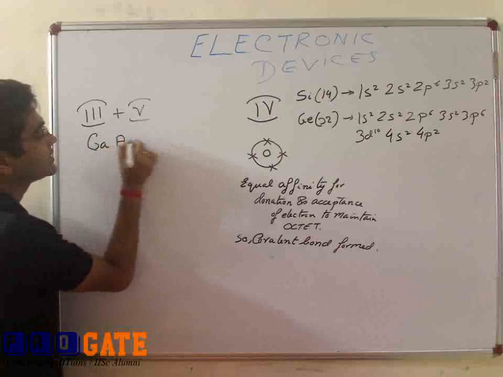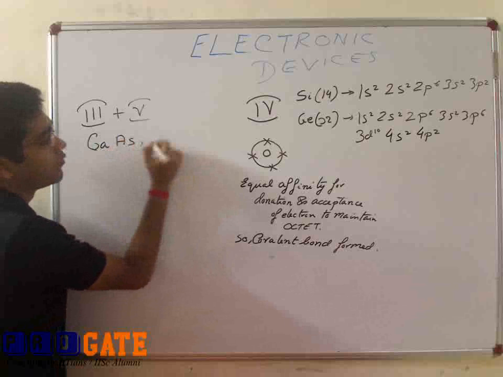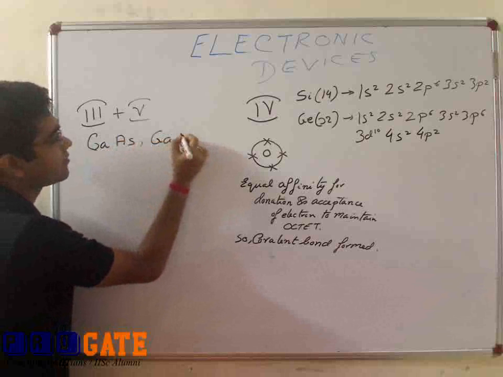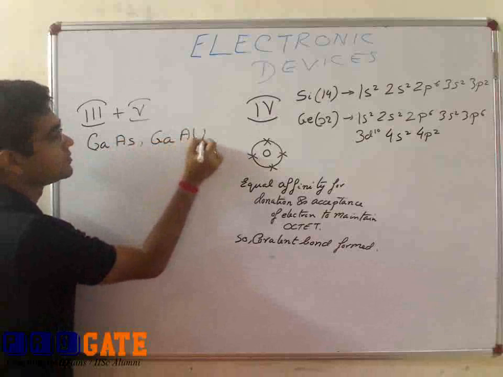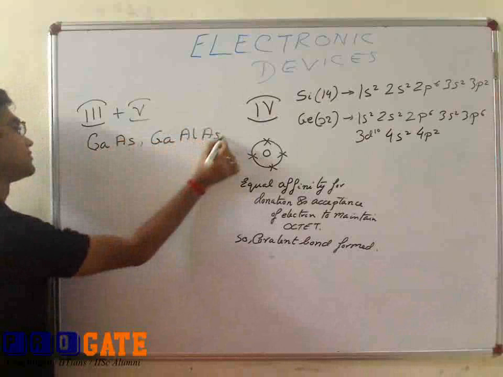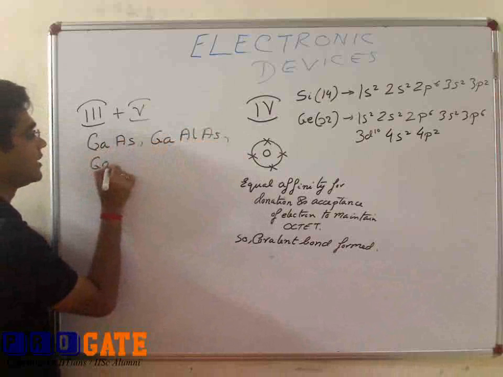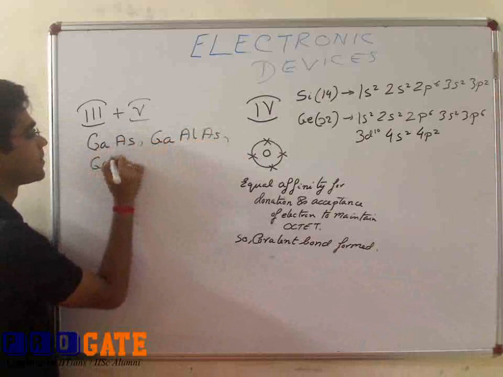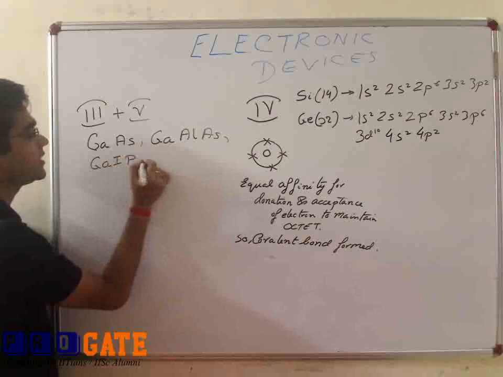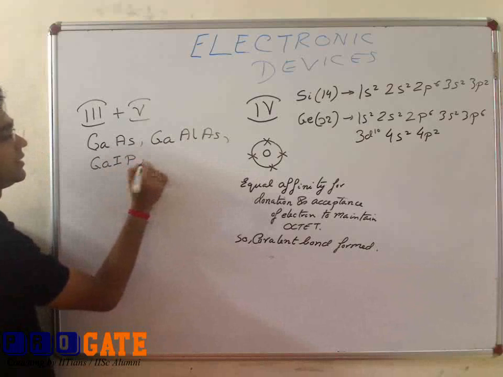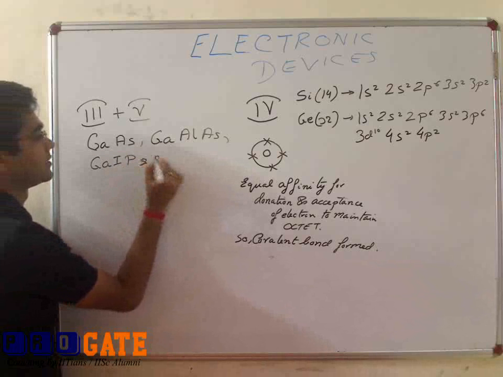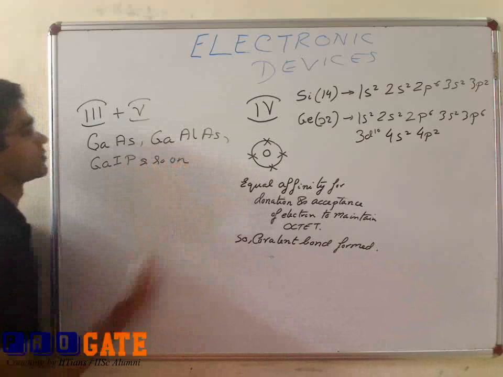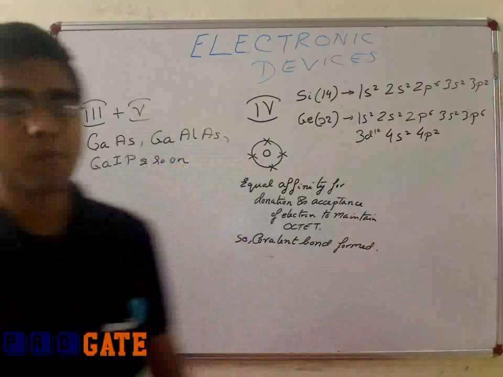We can have gallium arsenide, aluminium gallium arsenide, indium phosphide, and so on.